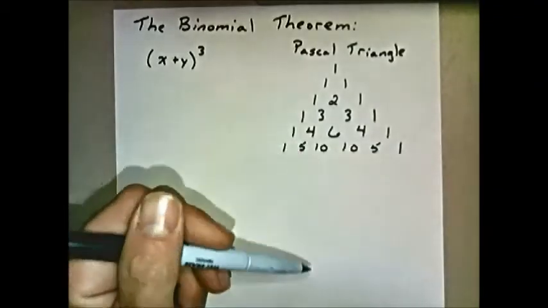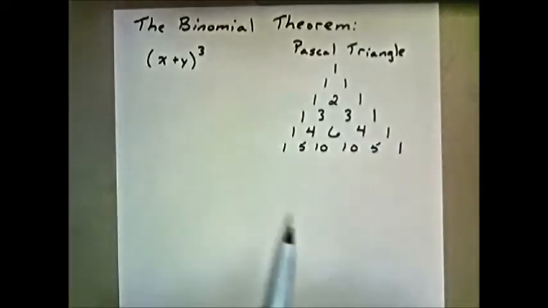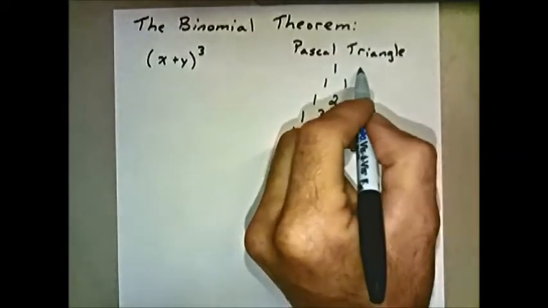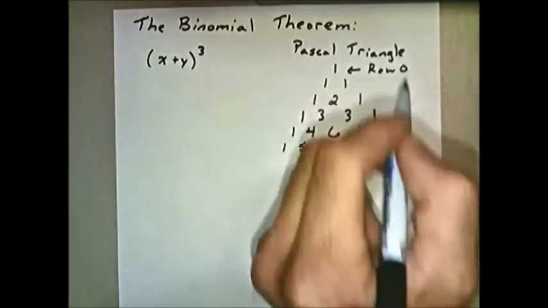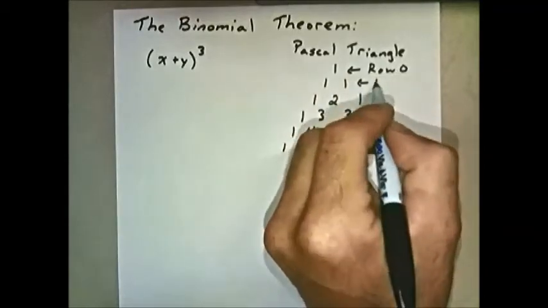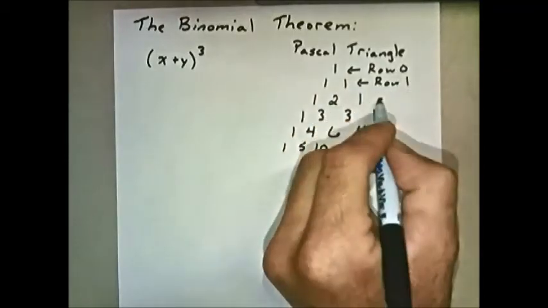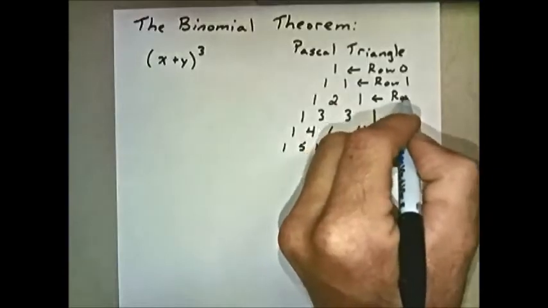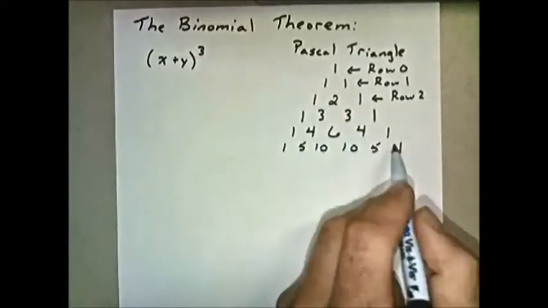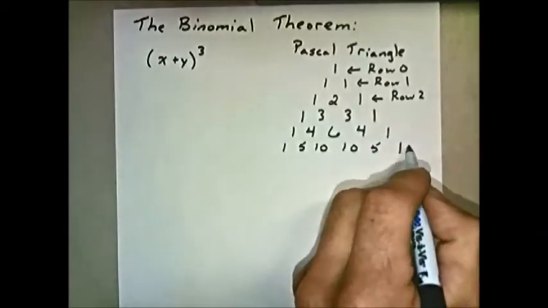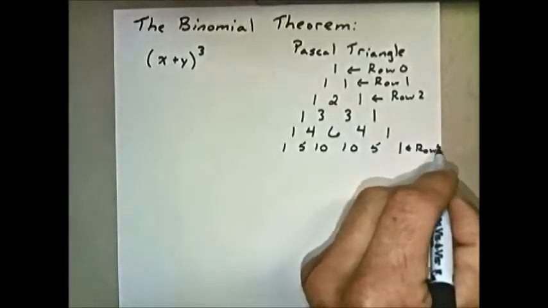This pattern continues forever. To name these rows, we start out with row 0. The second row is actually called row 1. The third row is called row 2, so on and so forth. So our final row here would be called row 5.